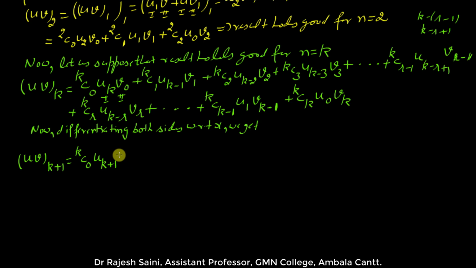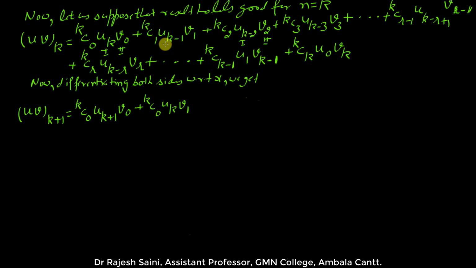So it will be u_(k+1) v_0, plus kc0 u_k v_1. Now apply the product rule upon this one. What it will be? kc1 u_k v_1 plus kc1 u_(k-1) v_2.